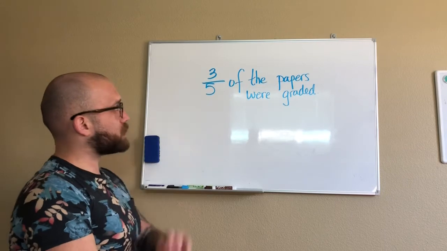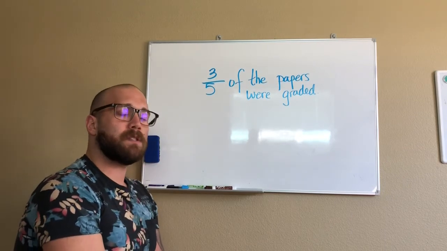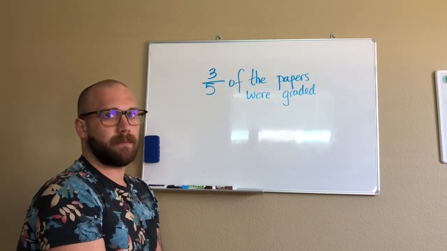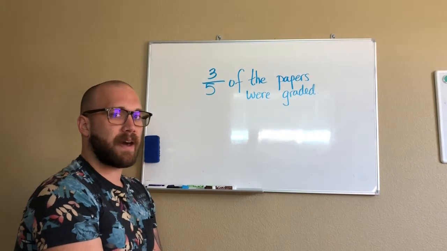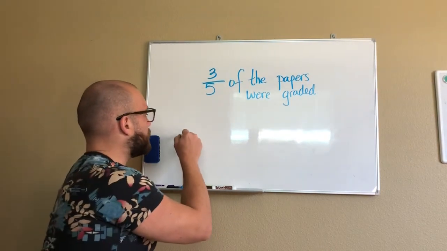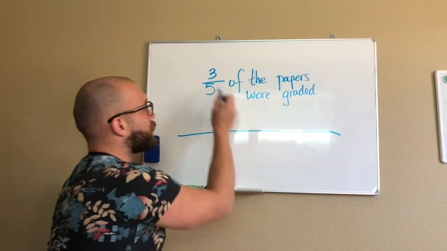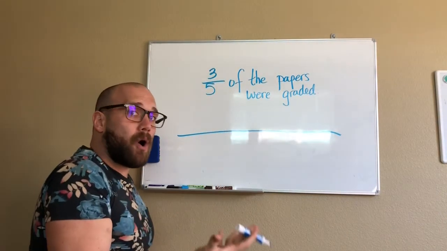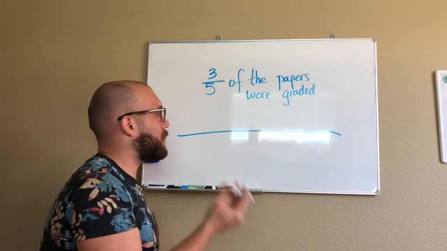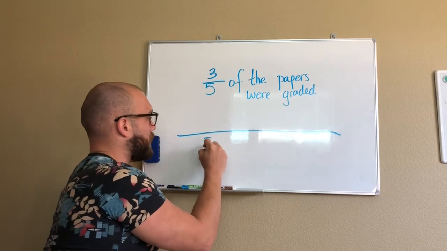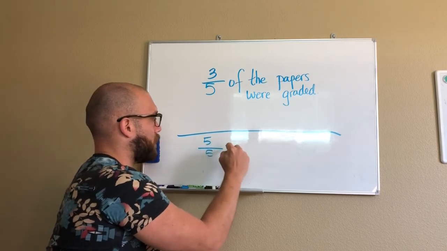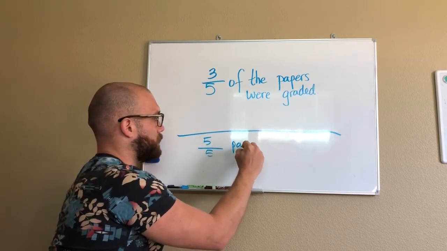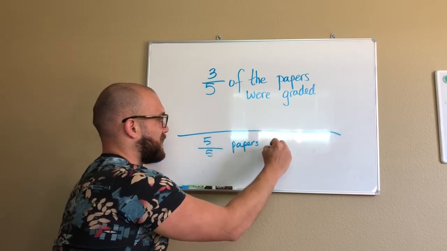If my fraction is 3/5 of the papers were graded, what's my fraction for all of the papers? 5 out of 5. 5/5. I have 3/5 here, but now it's saying what is all of them? Not just the ones that were graded, but all of them. So I know I have 5/5 papers in all.